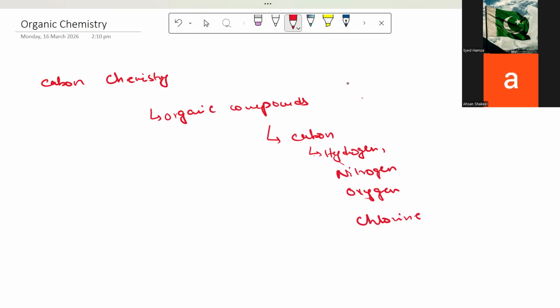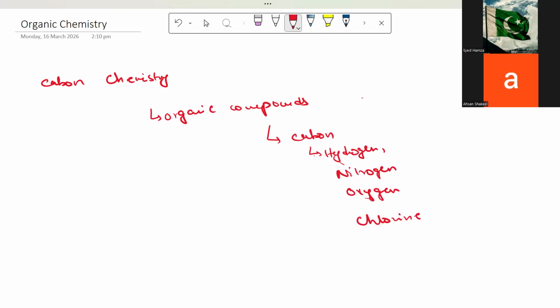Basically, it's all about organic compounds, compounds which have a carbon bonded to either hydrogen, nitrogen, oxygen, or chlorine, and how these compounds react with other compounds or molecules is the idea of organic chemistry. It's a very easy chapter if you try to understand the basic concepts. It's going to be pretty much the easiest you'll have ever seen.